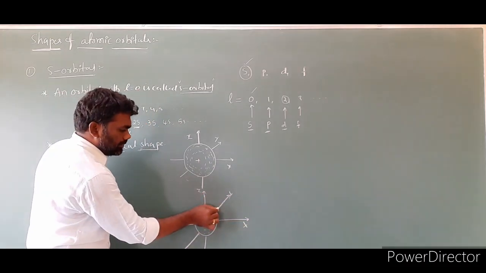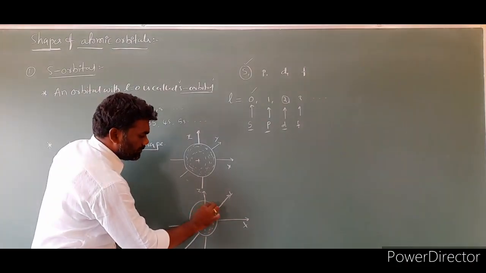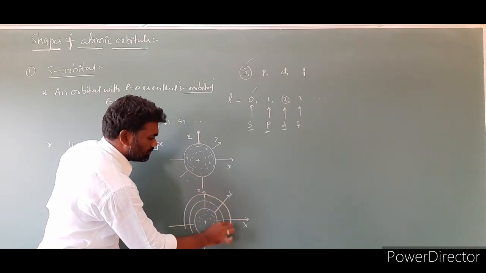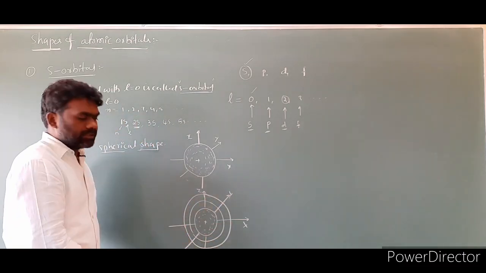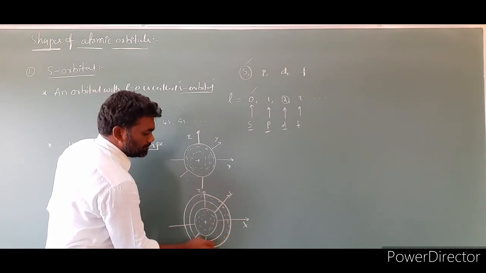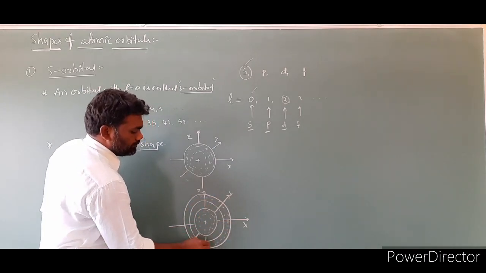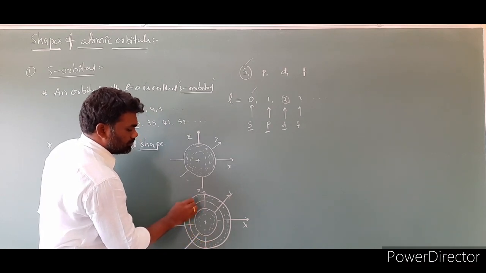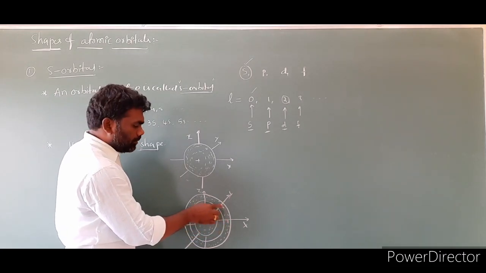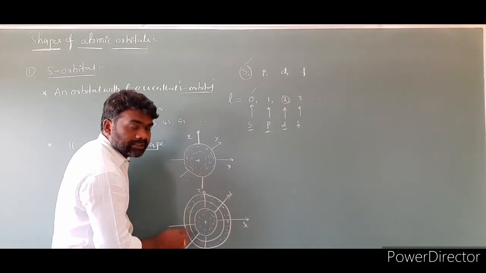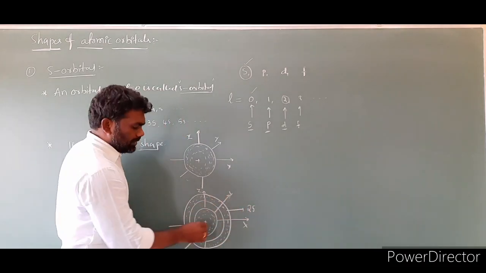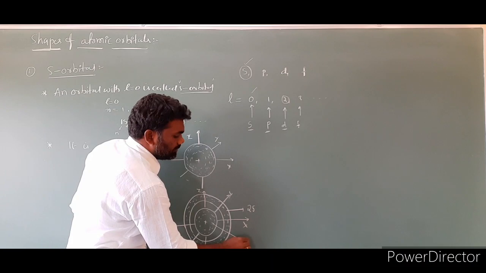Now I am drawing one more spherical structure like this. From a given distance, the probability of finding an electron is the same in all the directions. This I am labeling as the 2s orbital. This is the 1s orbital.